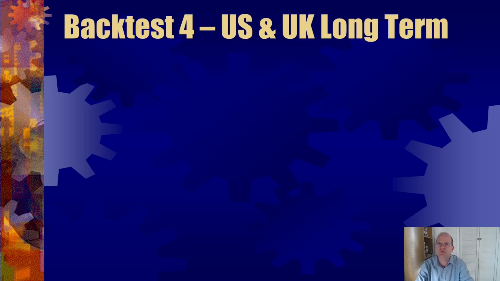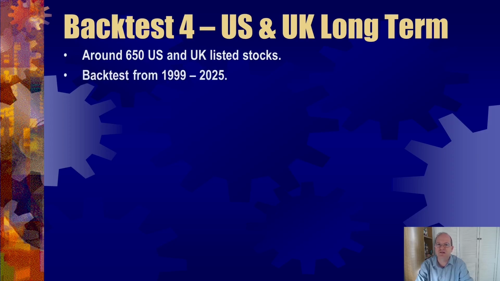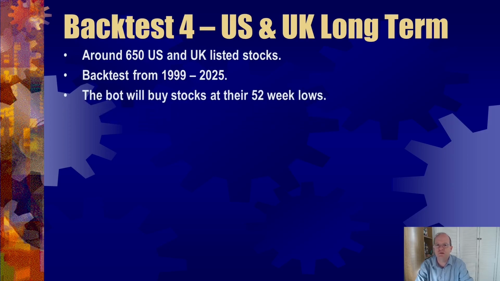Final backtest, we'll do a much longer term test, and this time we'll use UK and US stocks, so whatever's in the database. So although there are about 650 stocks, I won't have the data for them going back this long, so there won't be quite as many stocks to choose from. And we'll backtest from 1999 to 2025, and this time we'll buy stocks at their 52-week lows.